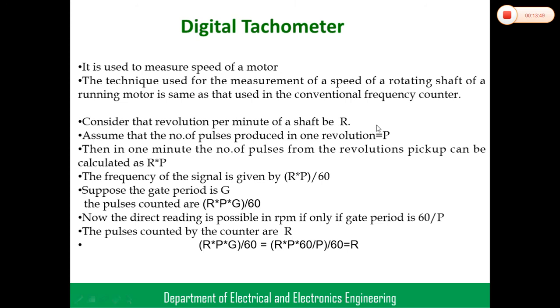Now a direct reading in RPM is possible if the gate period is 60 divided by P. Then we get R, revolutions per minute, in this way.